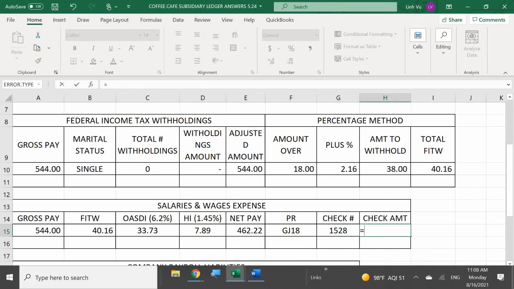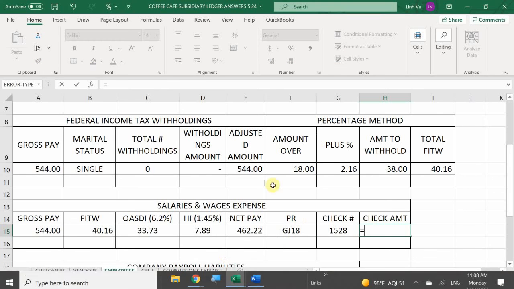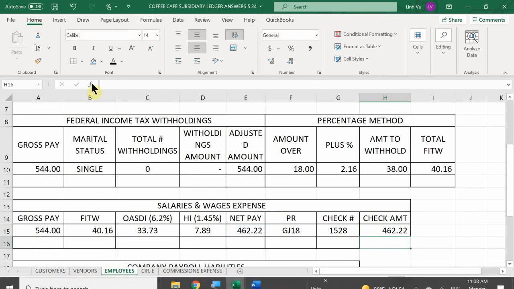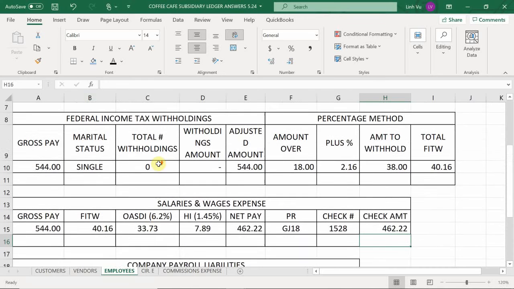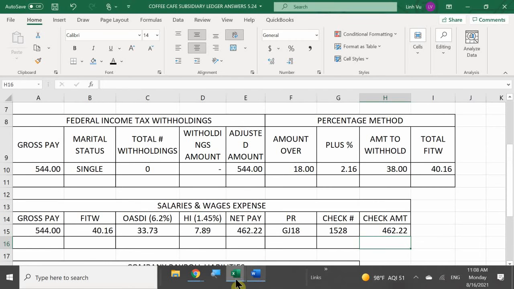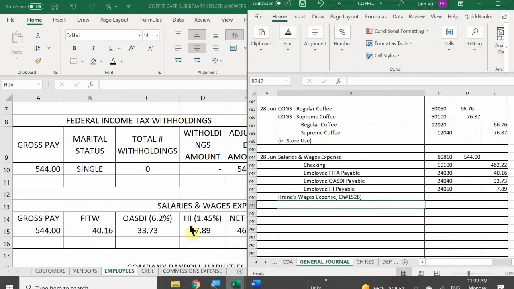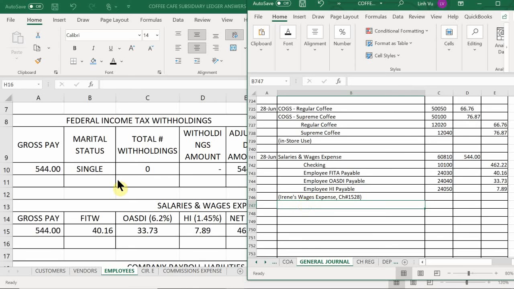And we know exactly what the check amount was for, which is your total net pay, $462.22. Now, here is the choice you have. You either stop here and post to your ledger, or you can finish up what the company's responsible for as well. So what do you guys want to do?